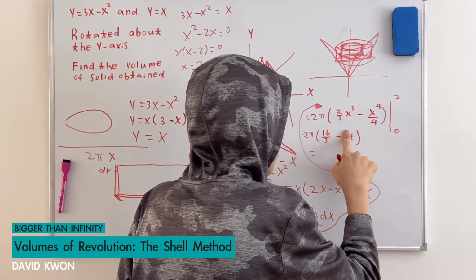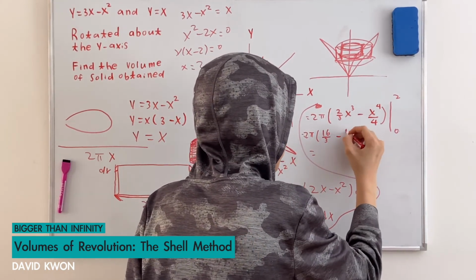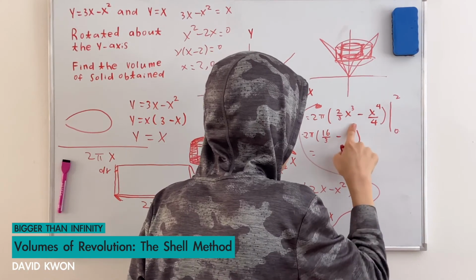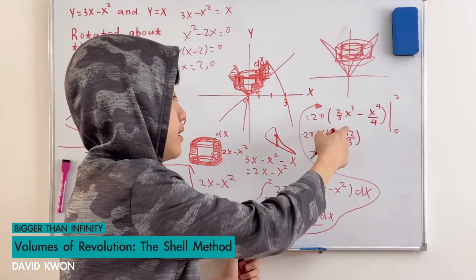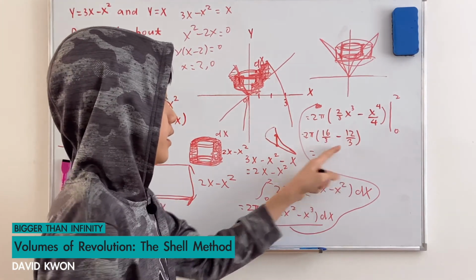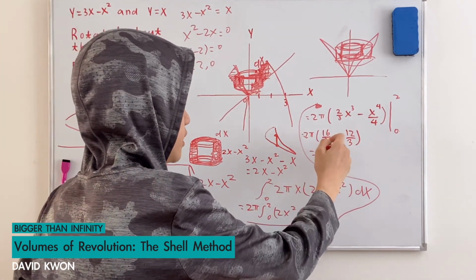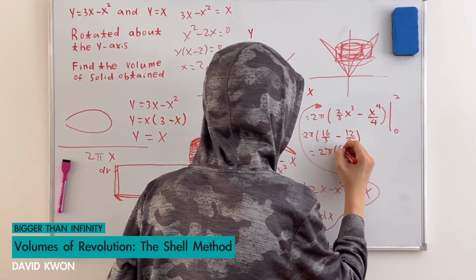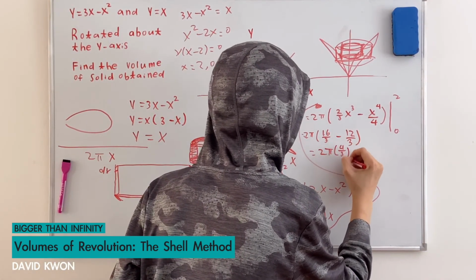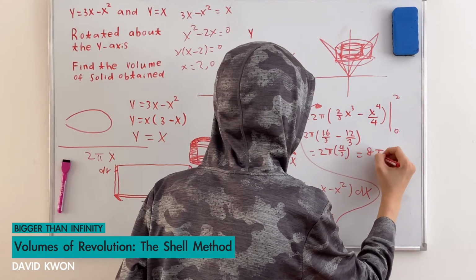This 4, I will change to 12 over 3, because 12 over 3 is still 4, but this way I can subtract it from 16 over 3. When I do it, I get 4 over 3. So that is equal to 8 times pi over 3.